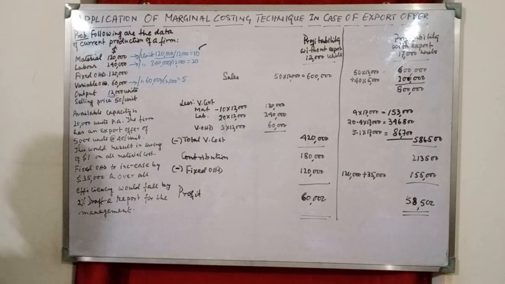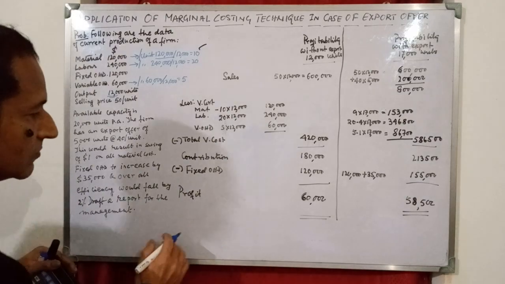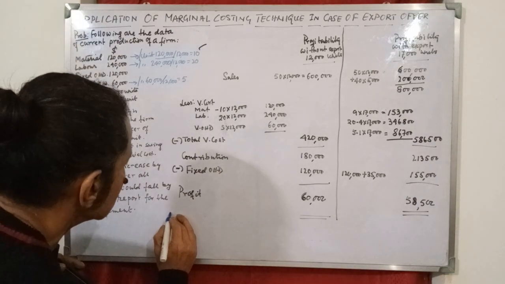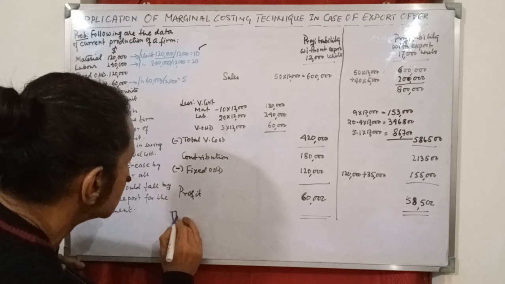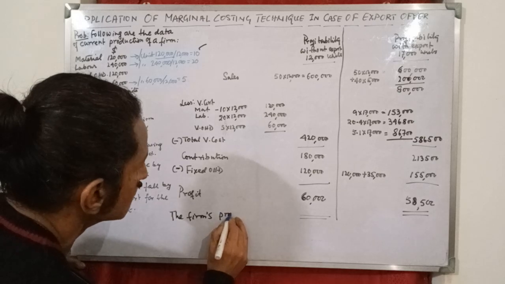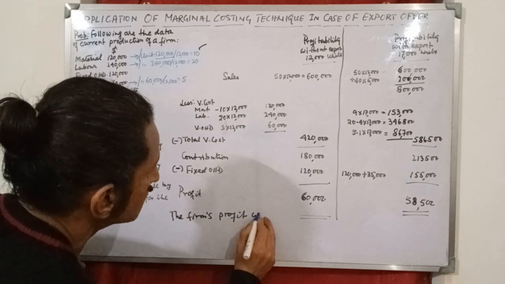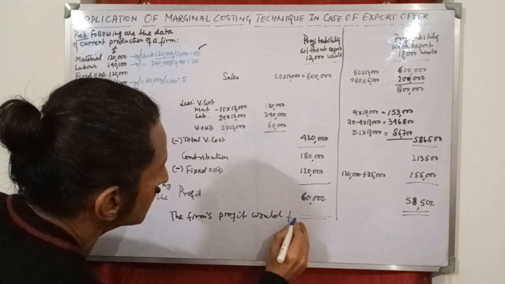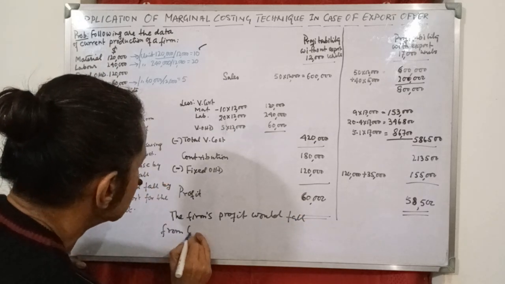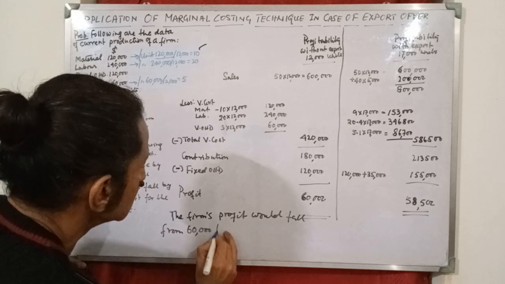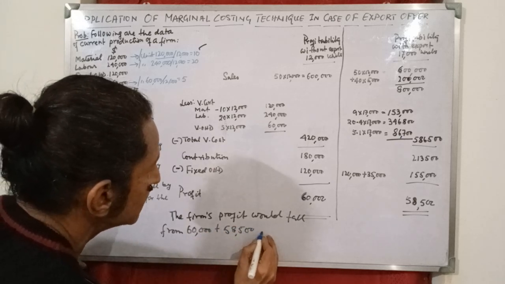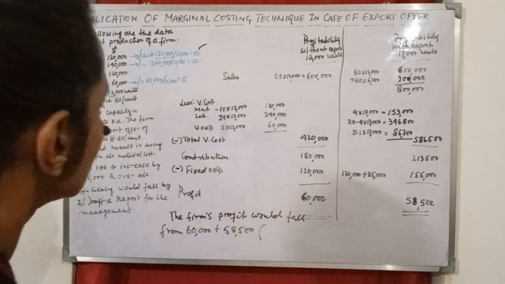Okay, so what will be your advice to the management? The firm's profit would fall from 60,000 to 58,500. That is by how much?